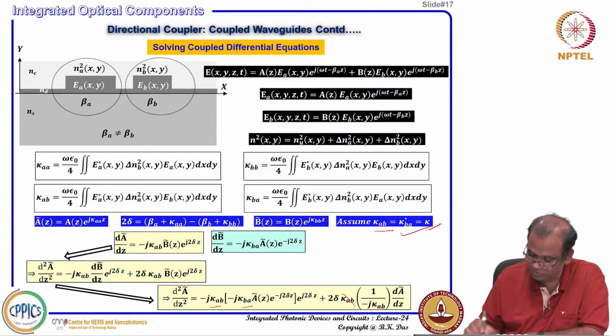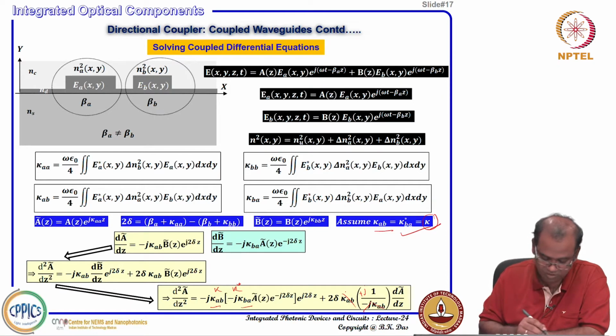If you consider this concept, kappa AB equal to kappa BA star equal to kappa, and substitute here the minus minus plus j j minus, and then kappa square it will be. So, this will be kappa, this will be kappa star. So, kappa square and minus minus plus j j minus. So, one more minus, if you take this side that will be plus, and if you take this to this side that will be also minus. If you take j upward, this minus j you can cut, you can write j plus j here in the top. So, it will be plus j. If you take this side that will be minus.